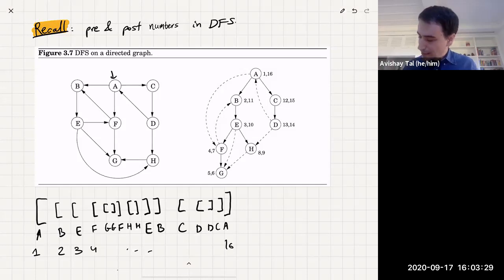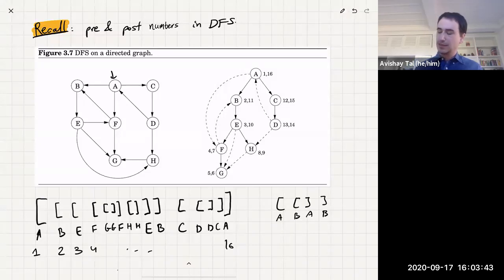What is an illegal sequence of brackets? If I'm opening A, opening B, then closing A, and then closing B. That's an illegal sequence of brackets. So here it will be a legal sequence of brackets, and this is what we discussed last time.